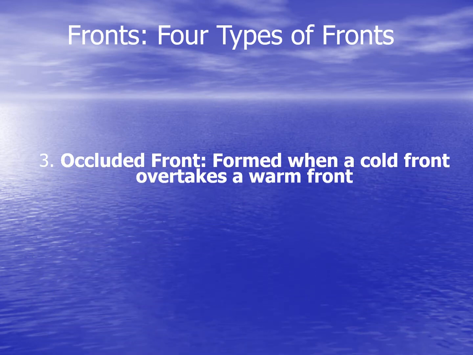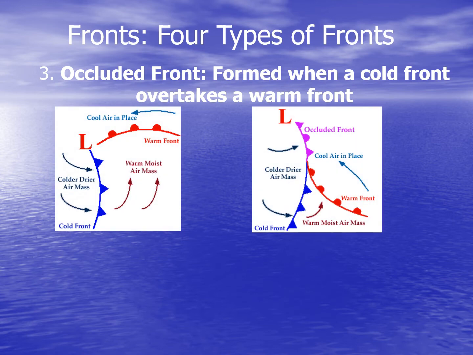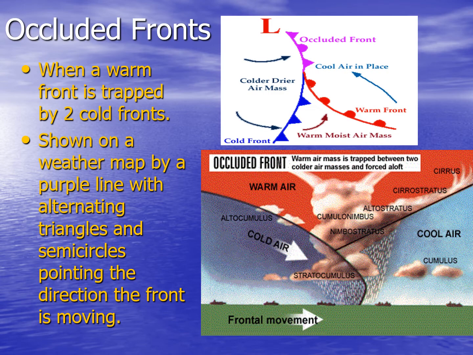Third kind we will discuss is an occluded front. It's formed when a cold front overtakes a warm front. This usually results in storms. A warm front is trapped by two cold fronts, shown on the weather map by a purple line, with alternating triangles and semicircles pointing in the direction the front is moving.